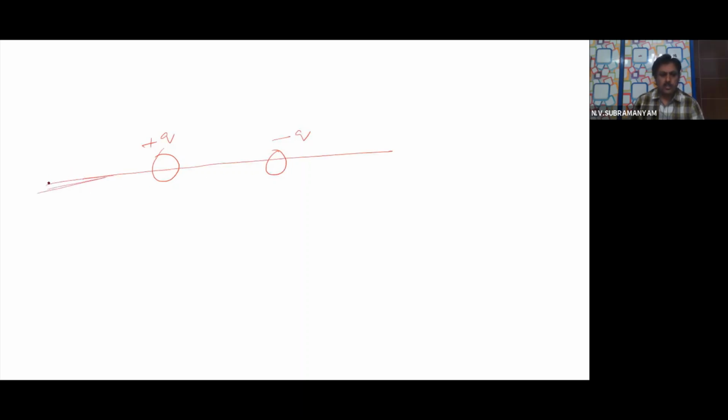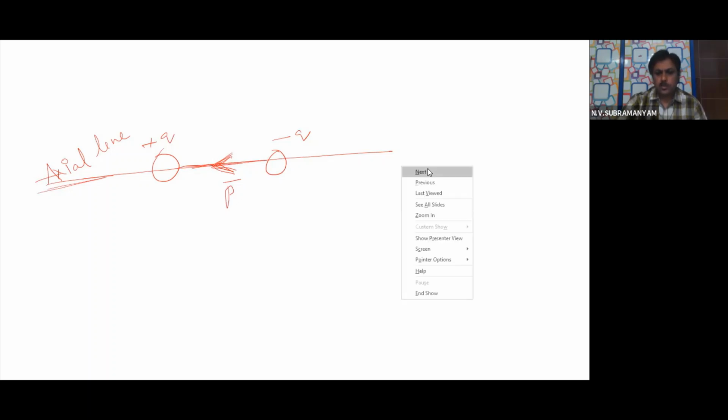This is the axial line. And the dipole moment is from minus q to plus q, in this direction. So let me move on, children.